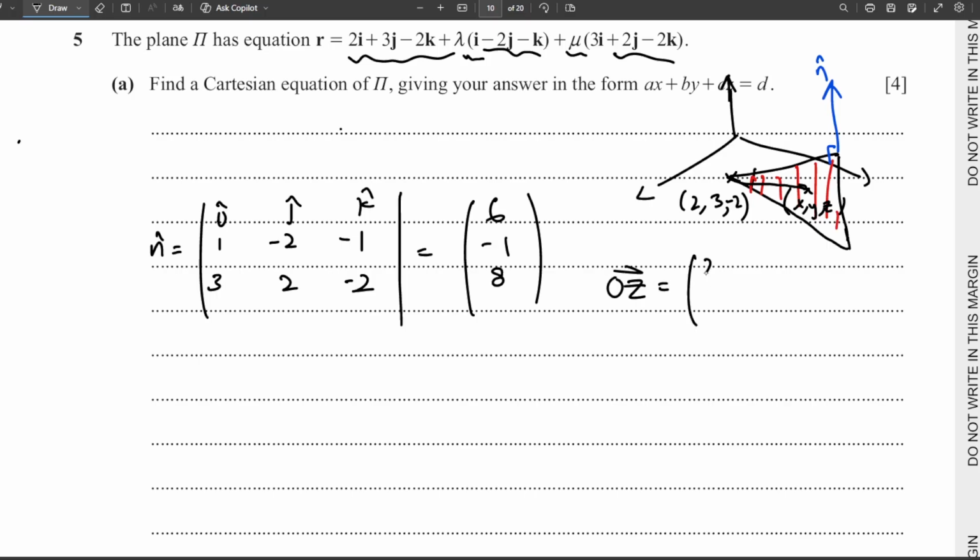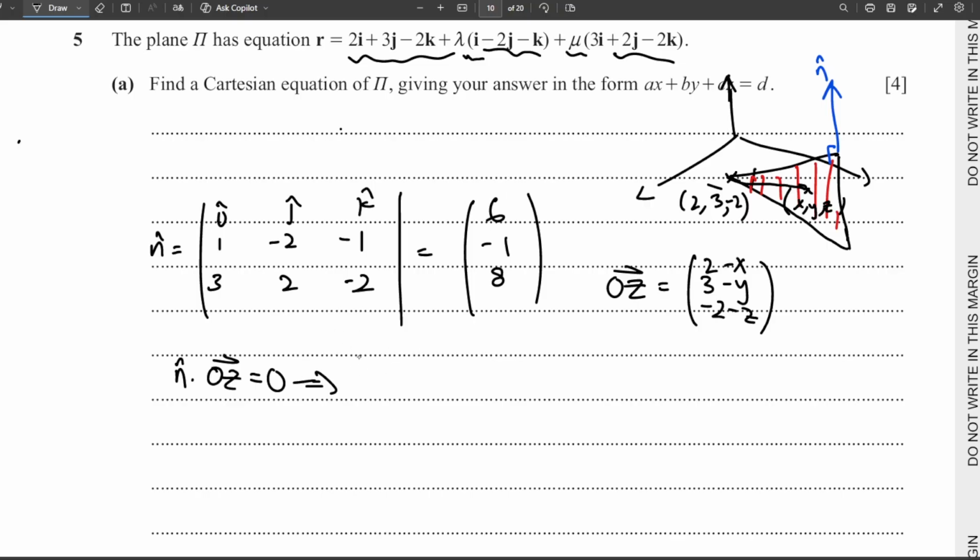So we have 2 minus x, 3 minus y, -2 minus z. So let's say this is any arbitrary vector on the plane, and once we do the dot product, n dot OZ, it will give us 0.